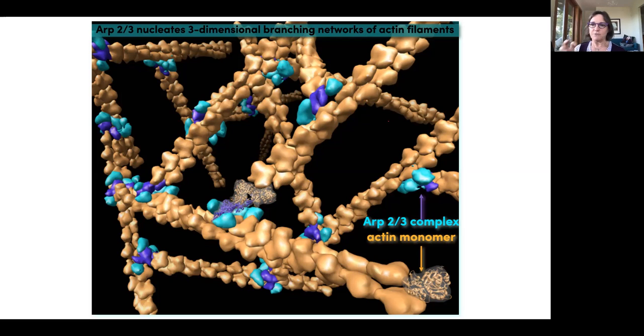And that helps to create this branch network. Actin, as I mentioned in my previous lecture, is quite flexible. Microtubules are very rigid. Actin is very flexible, but by growing in this branched way, the actin network can create enough mechanical strength that it can push the membrane forward and execute this kind of movement.